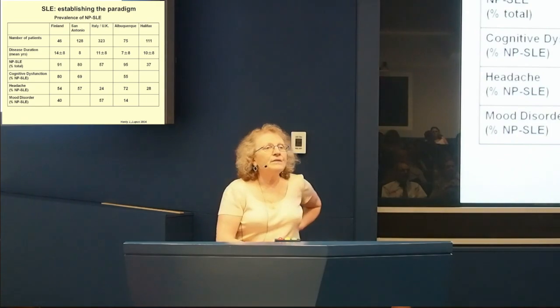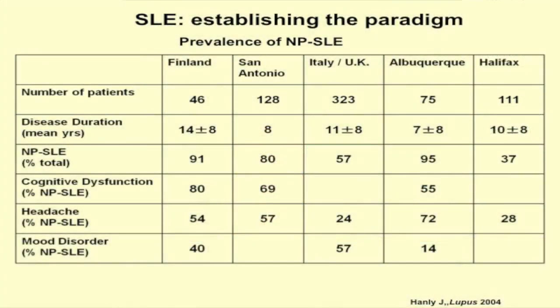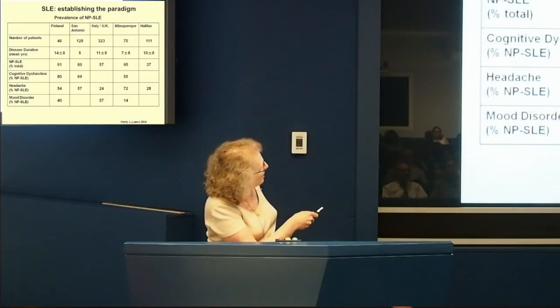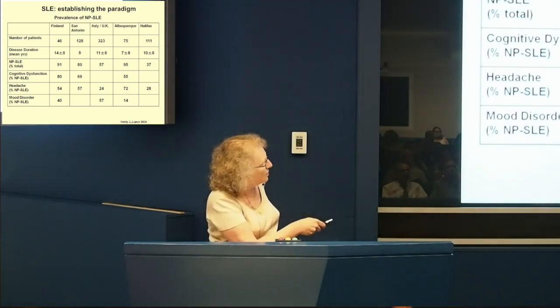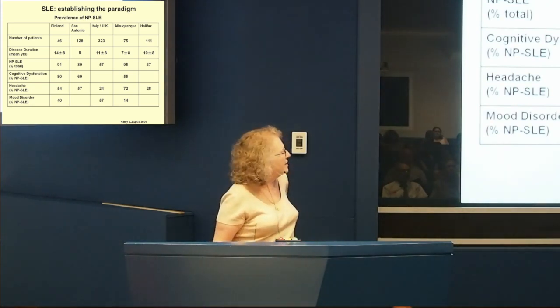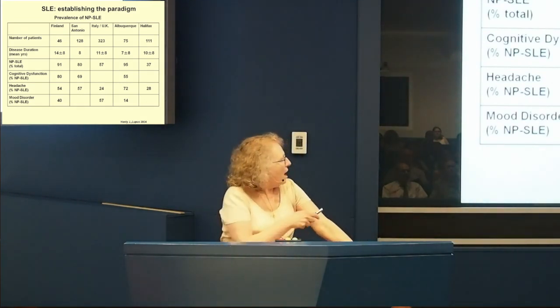What we've learned is that there are neuropsychiatric syndromes associated with lupus. As you can see in studies from around the world, these are quite common, from a low of about 40% to a high of 95%. The three most common symptoms are cognitive dysfunction, headache, and mood disorder.